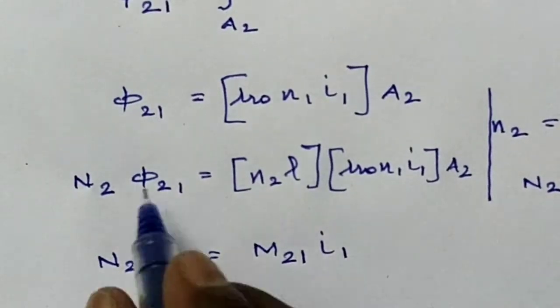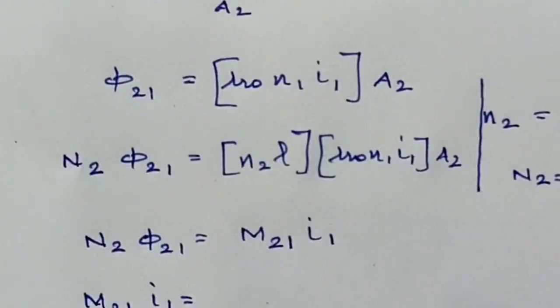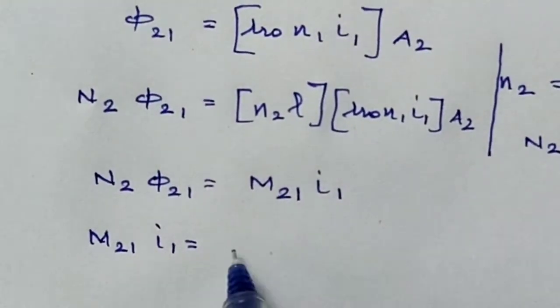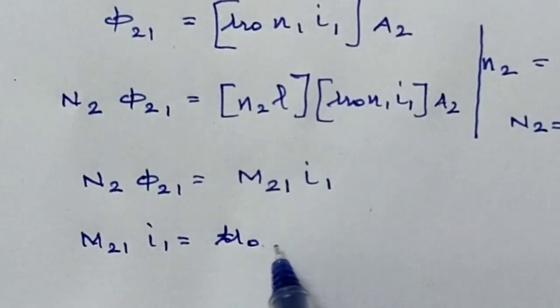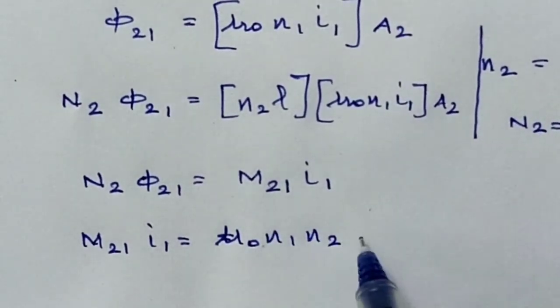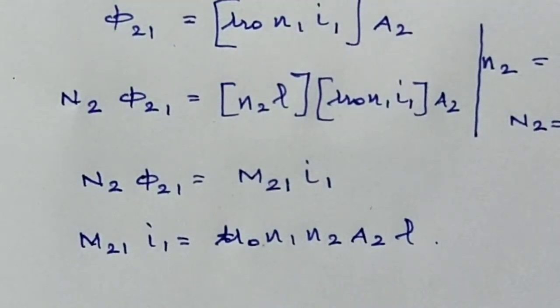Substituting that value, M21 I1 equals mu naught n1 n2 A2 L. So that is the mutual inductance M21 of solenoid 2 with respect to solenoid 1.